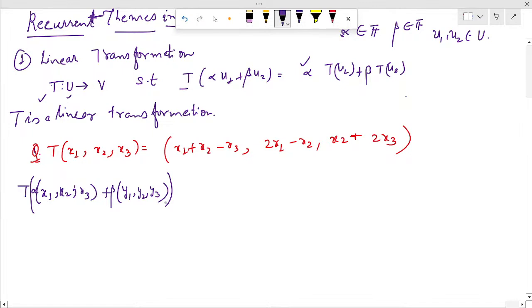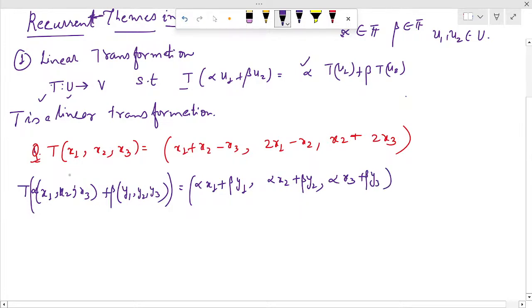What I will get is alpha x1 plus beta y1, comma, alpha x2 plus beta y2, comma, alpha x3 plus beta y3.